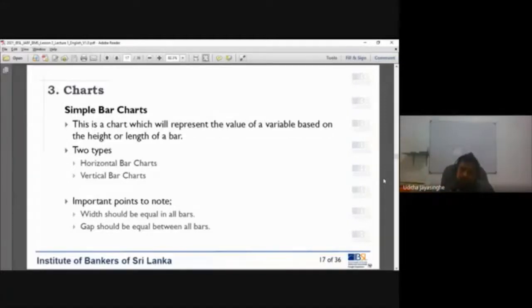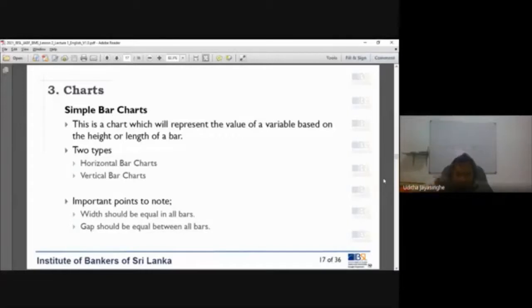Sometimes, let's say from 0 to 20, there are very few items, so you may have a different class interval, but from 20 to 25, 25 to 30, you may have a huge number of items. So there are instances where your widths can be not equal to each other.